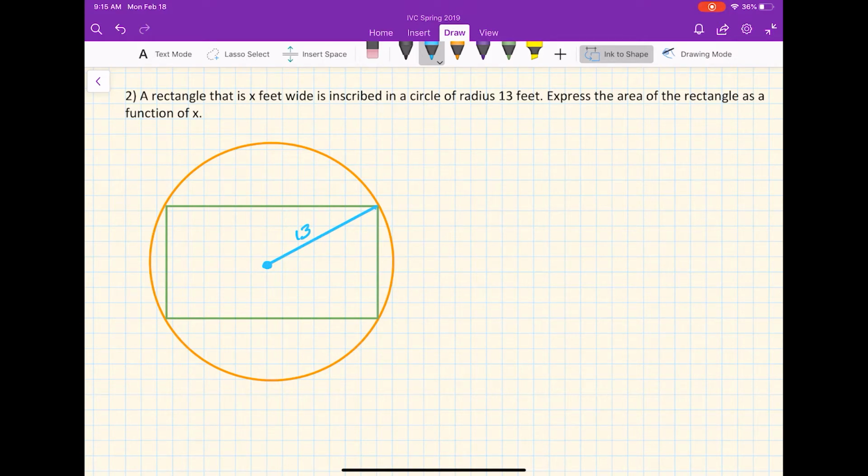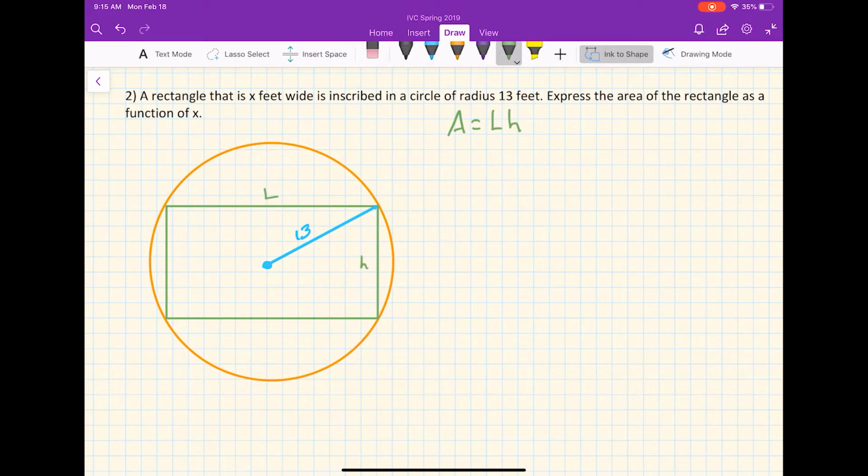A rectangle that is x feet wide is inscribed in a circle of a radius of 13 feet. Express the area of the rectangle as a function of x. All right, so again, we want to know the area of a rectangle, so it's the same formula as before: area equals length times height. In this case, they gave us a radius of the circle. Wait a minute, this is not a square.